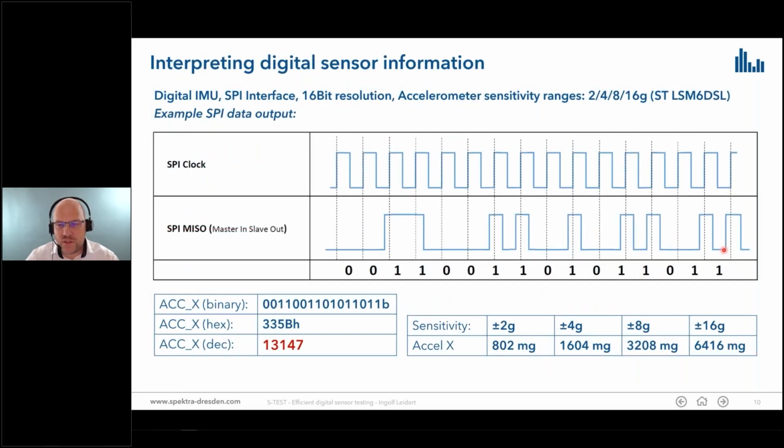I give another quick view on how data is interpreted once it is delivered by the sensor. Here you see a typical consumer accelerometer with quite a wide sensitivity range. But the SPI data output that is captured has, of course, a decimal representation, and that correlates to the measured acceleration of that sensor on that specific axis.